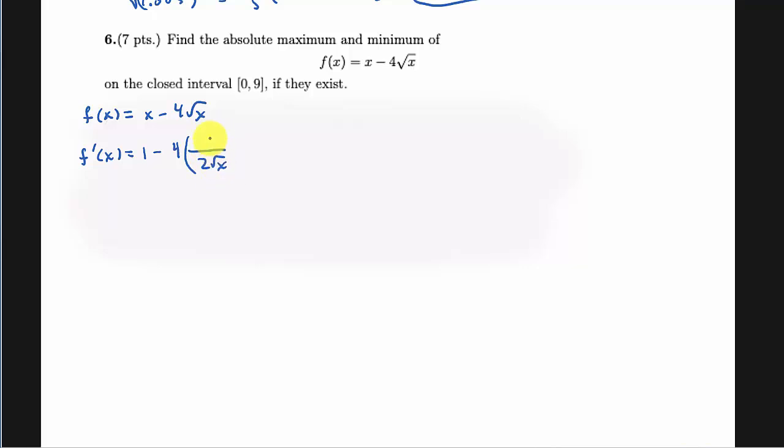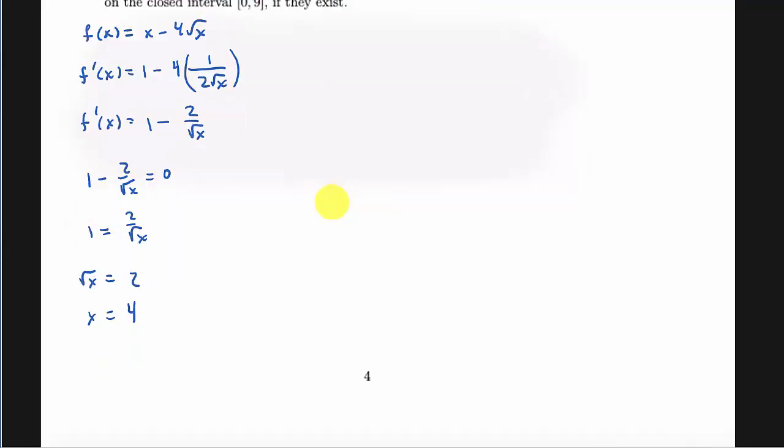And so f prime of x is equal to 1 minus 2 over square root of x. And then we've got to set that equal to 0. So 1 equals 2 over square root of x. So square root of x equals 2. x equals 4.